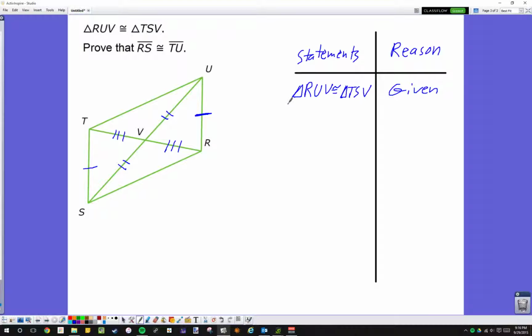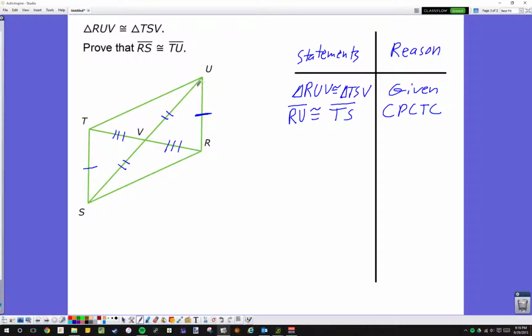We know that RU is congruent to TS. And we know that because those are corresponding parts in these congruent triangles. So corresponding parts in congruent triangles are congruent.